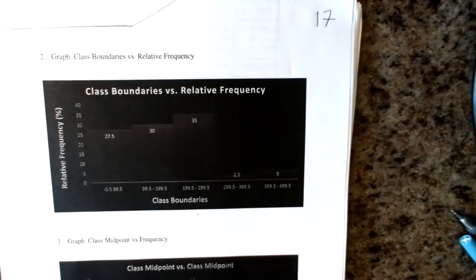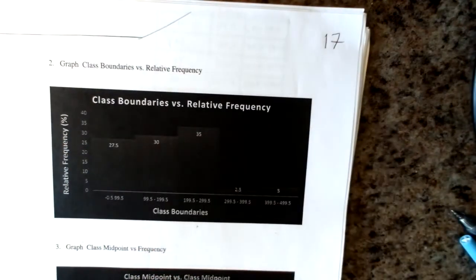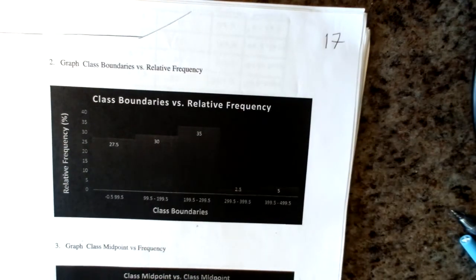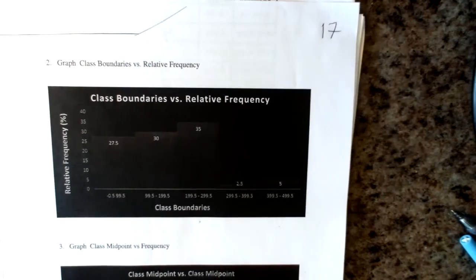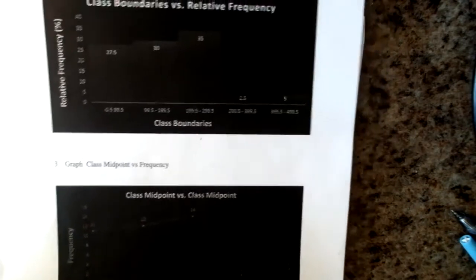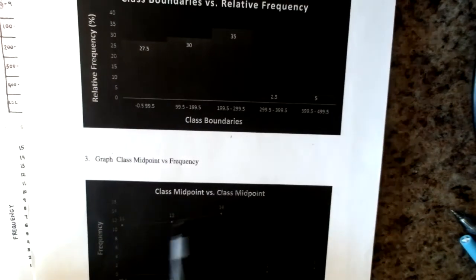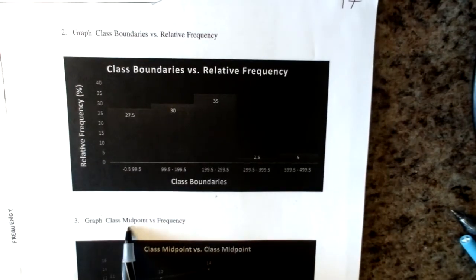Here we ask you to graph class boundary versus relative frequency. See, when you have the table, you could come up with several graphs. Some of these graphs, like here, are class midpoint versus frequency. In that case you have just points, because both columns, midpoint and frequency, are just numbers.